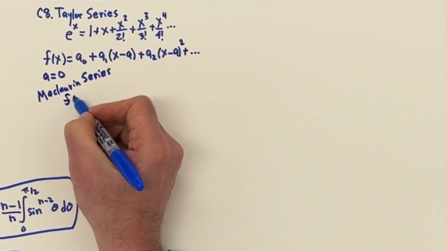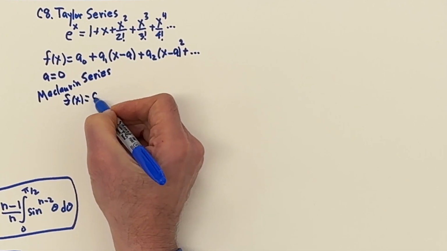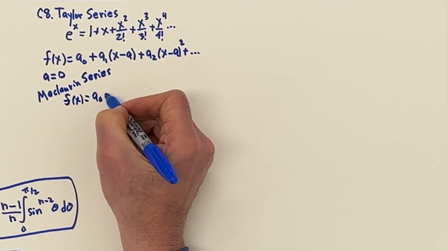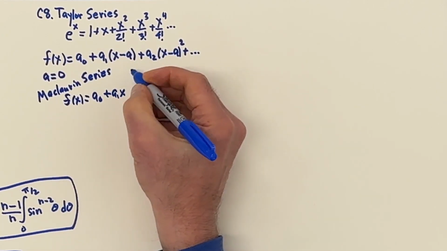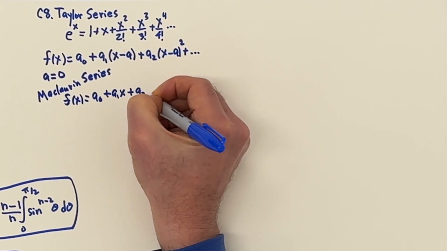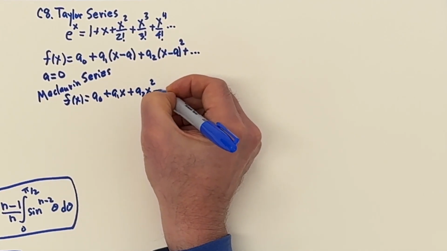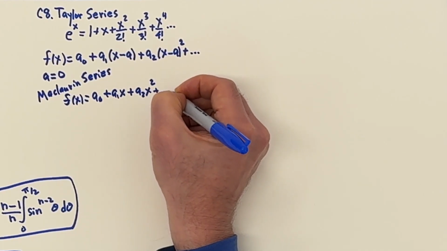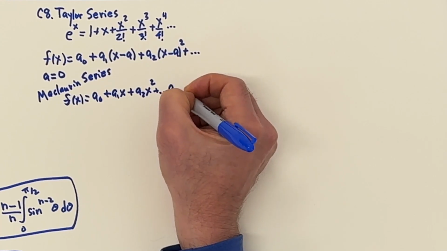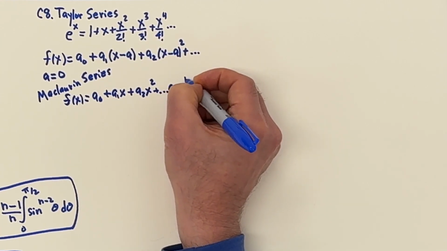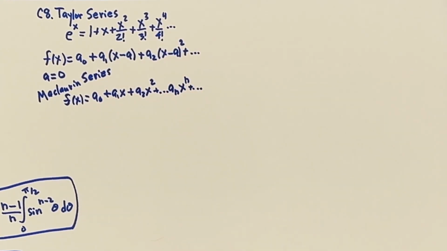So then f of x would be a sub 0 plus a1 x plus a2 x squared plus, dot, dot, dot, some a n x to the n plus, and keep going.